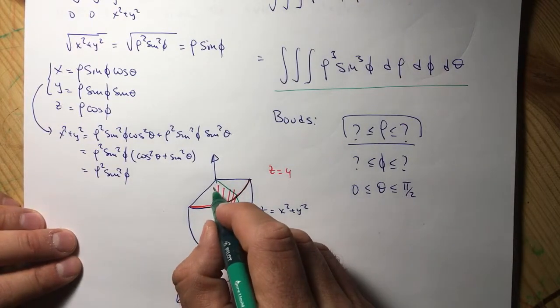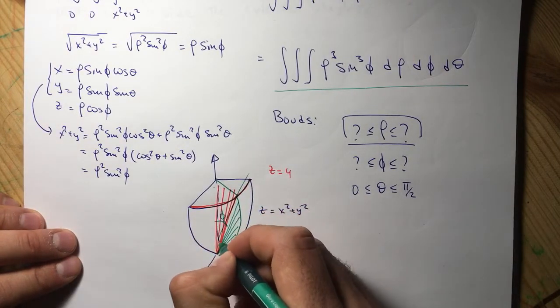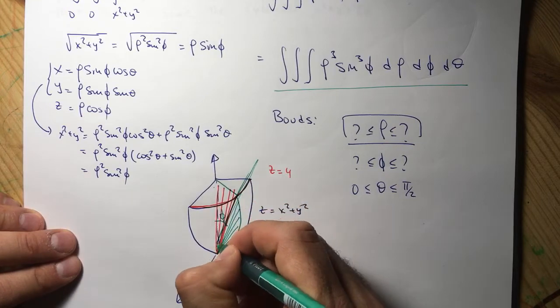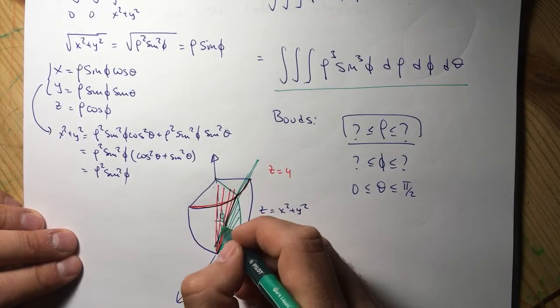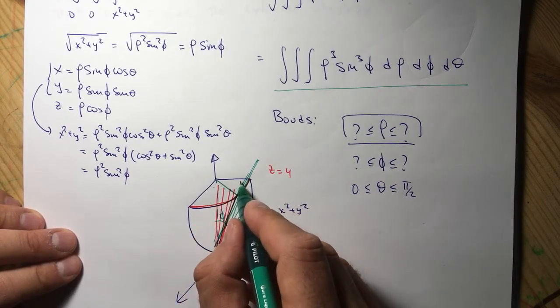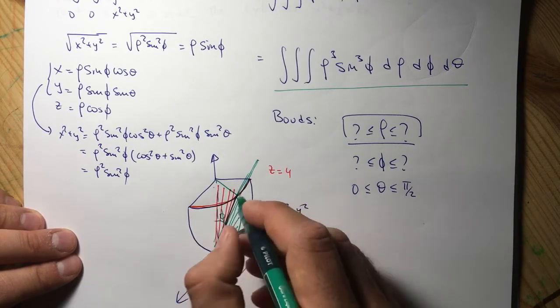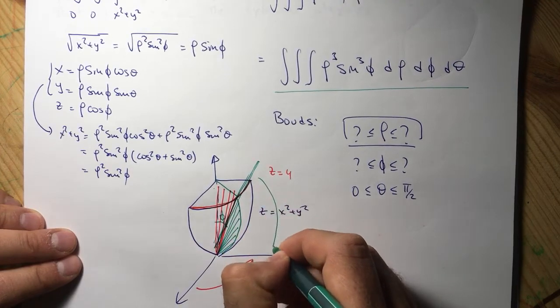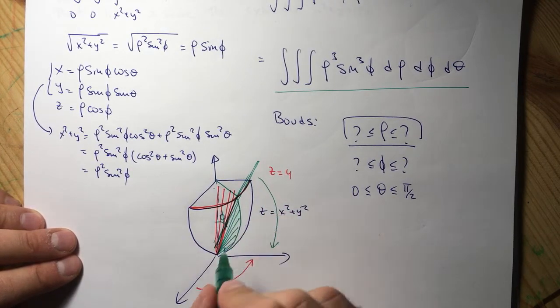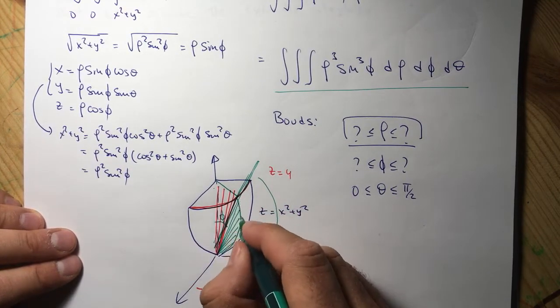When phi goes from 0 to this angle right here, and that's our job to figure out what that angle is, the boundary for rho is going to be z is equal to 4. And from this phi onward, the boundary for rho is going to be the paraboloid.